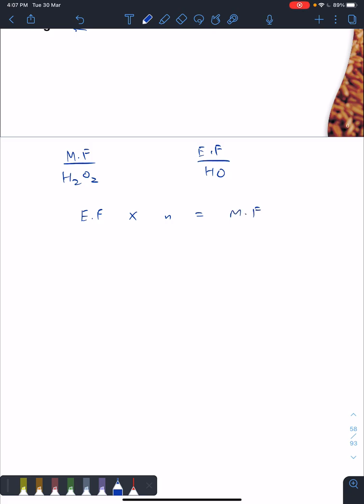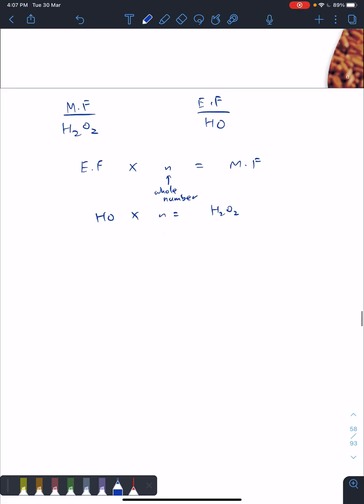It's a multiple, maybe 2 times, 3 times. This is just a whole number. So in this case, HO times n equal to H2O2. Given that you know the molecular formula, you can easily tell me that n equal to 2.